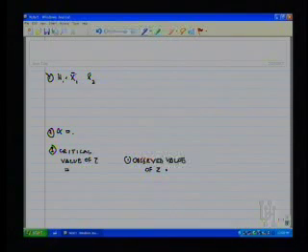So we have X bar 1, which let's say is the male score, and X bar 2, which is the female score.